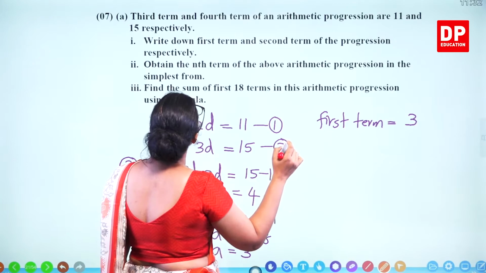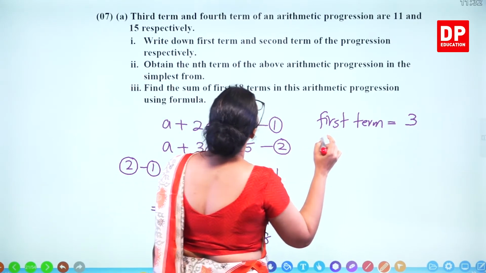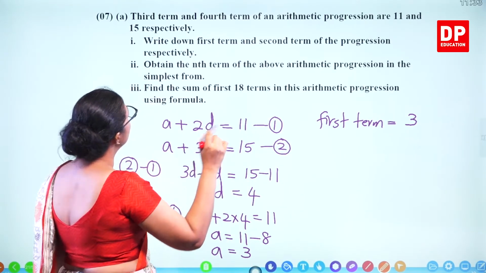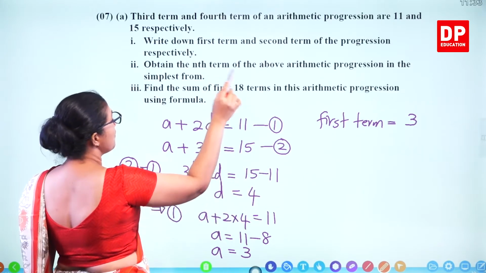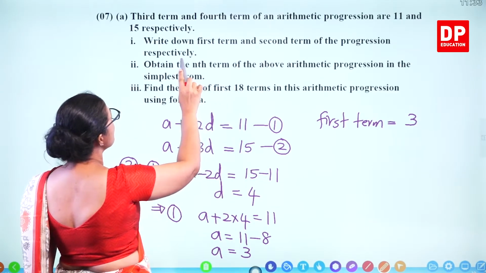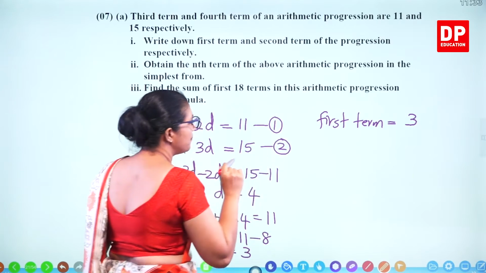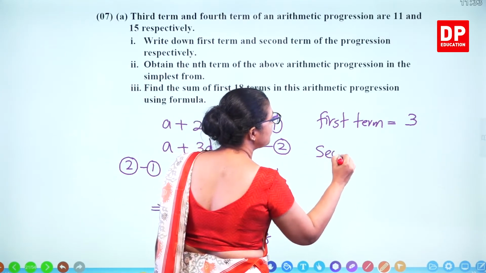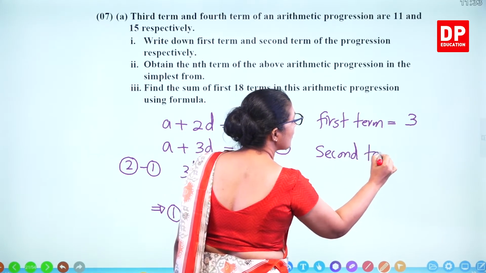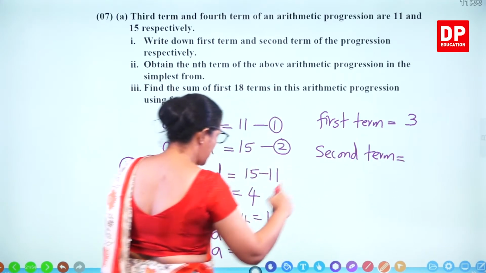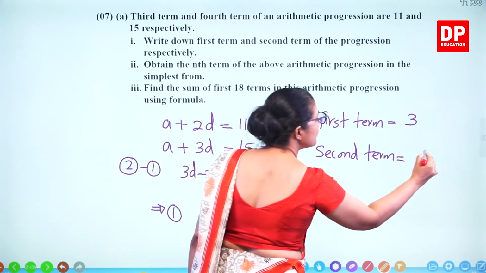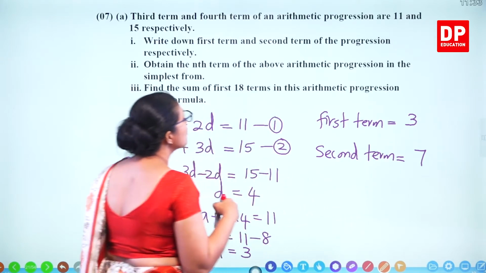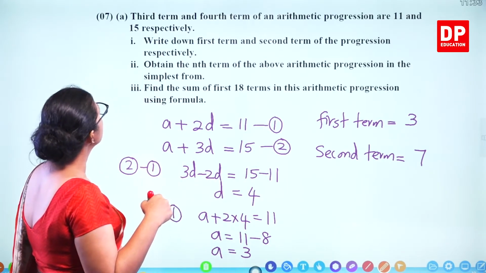Common difference is d equals 4. But they asked to write down the first term and the second term. So what's the second term? 3 plus 4. That's 7. So that's the first part.